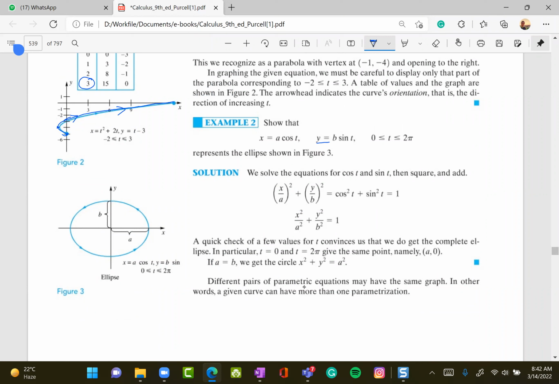It's an ellipse with major and minor axes, A and B. And if you plug in the initial and end points, you have a closed curve moving from this point, going this way, counterclockwise. One cycle.